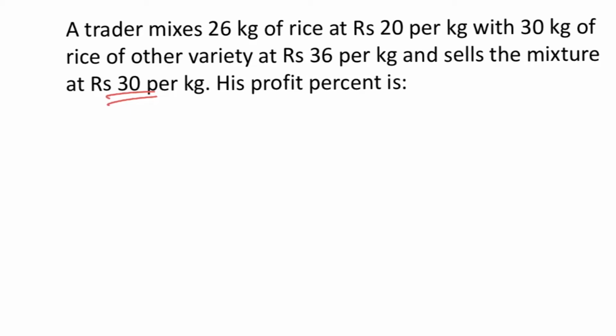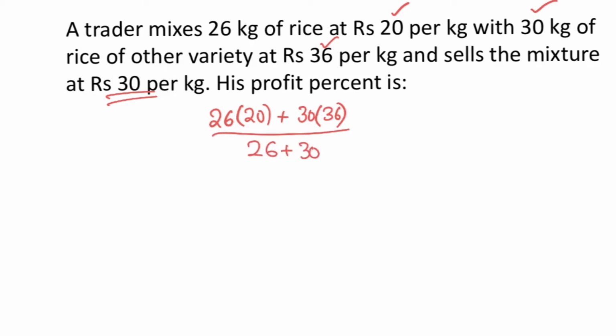The trader is mixing 26 kgs at 20 rupees per kg plus 30 kgs of second quality rice at 36 rupees per kg, divided by the total weight 26 plus 30. This is the cost price of each kg of that mixture.